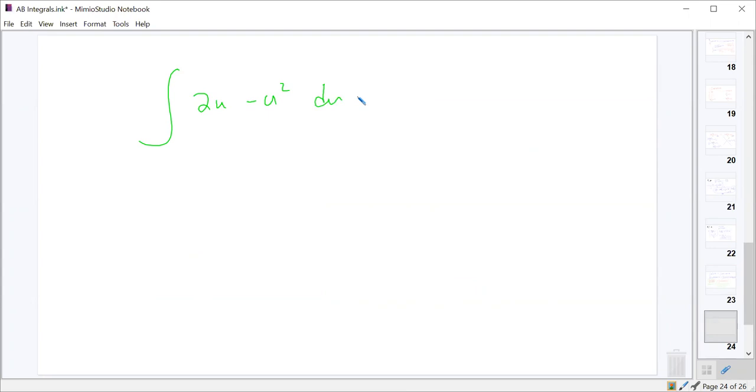Everybody good with that? Yep. And when we integrate that, what do we end up with? Should get u squared minus u cubed over 3 plus our constant.